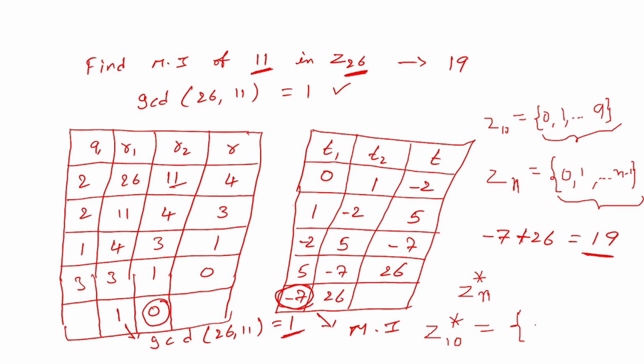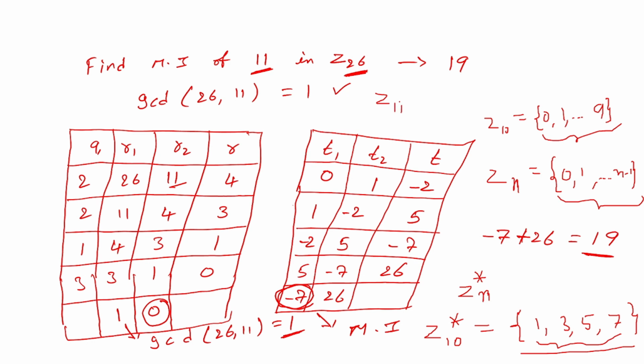For example, 1, 3, 5, 7. If these values contain multiplicative inverses, then this set is called Z10 star.